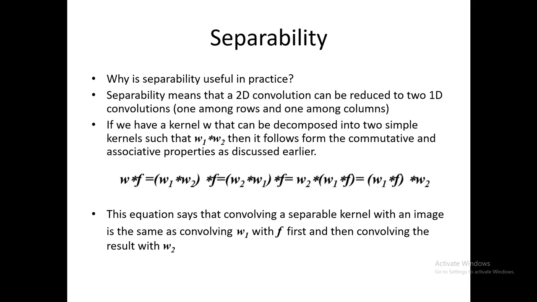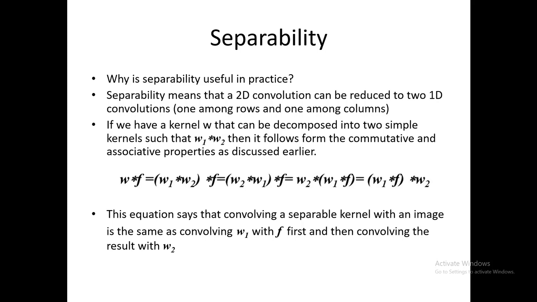Why is separability useful in practice? Separability means that 2D convolution can be reduced to two 1D convolutions, one among rows and one among columns. We have seen just before, if we have a kernel W that can be decomposed into two simple kernels, W1 and W2, then it follows the commutative and associative properties as discussed earlier, as shown in this expression.